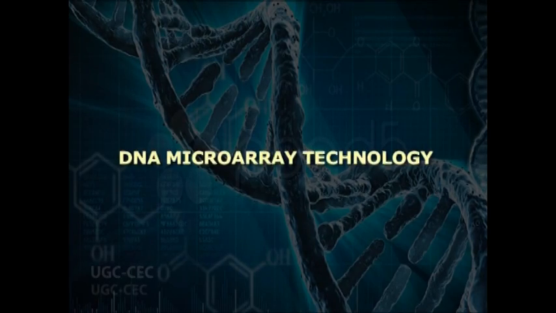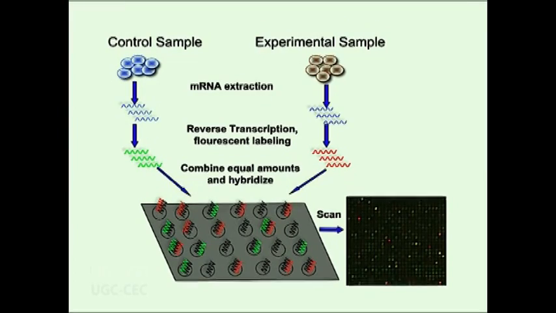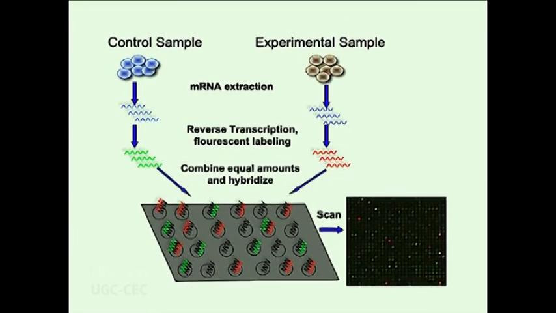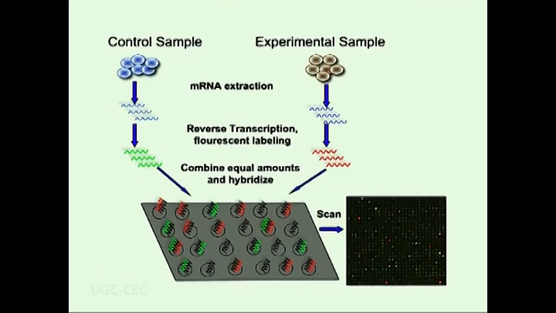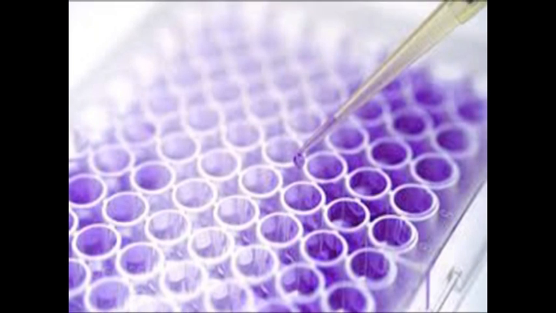Then we have DNA microarray technology. DNA microarray enables the researchers to analyze the expression of many genes in a single reaction quickly and in an efficient manner. Thousands of spotted samples known as probes with known sequence are immobilized on a microplate or silicon chips or nylon membrane.